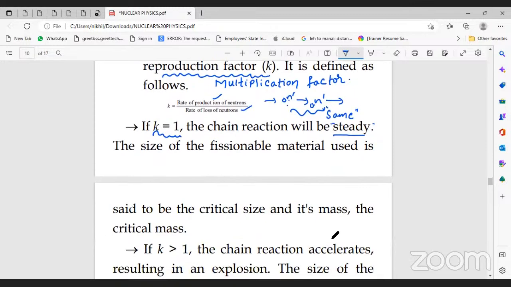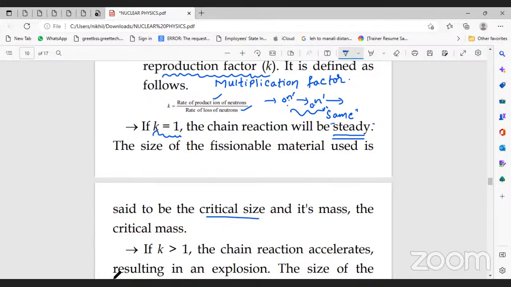The size of the fissionable material under this condition is the critical size, and the corresponding mass is called the critical mass.